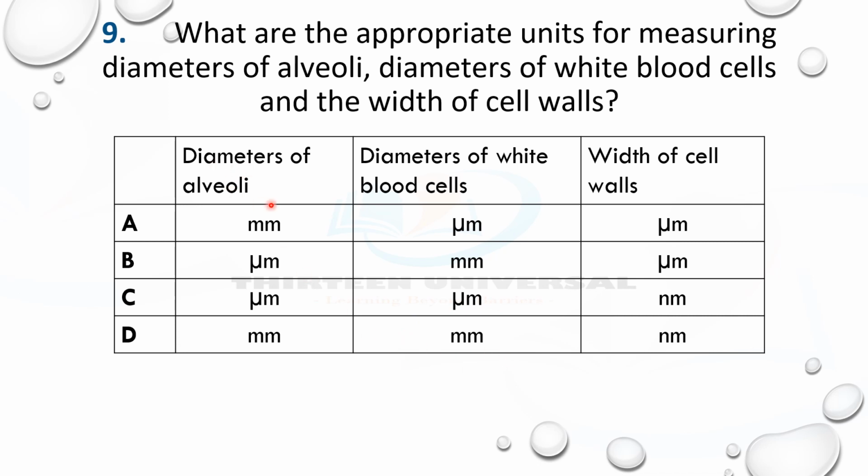Smaller structures are measured using nanometers. If you check A, we don't use millimeters for cells, so that disqualifies. Check C, micrometer, nanometer, this looks like the answer. The millimeter option is eliminated, so use micrometers and nanometers. The answer is C.